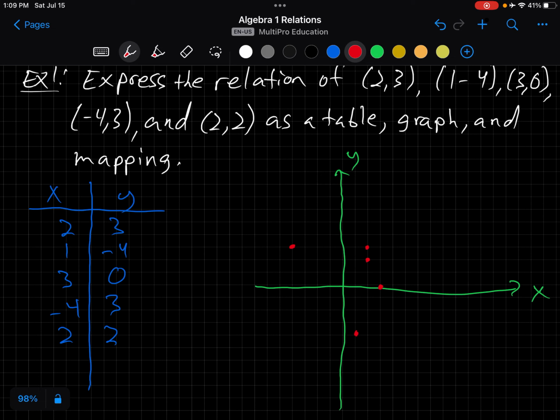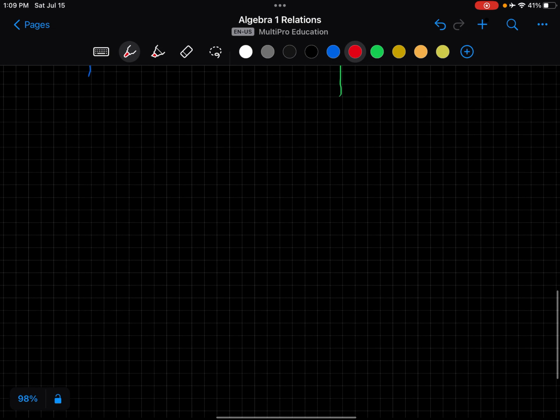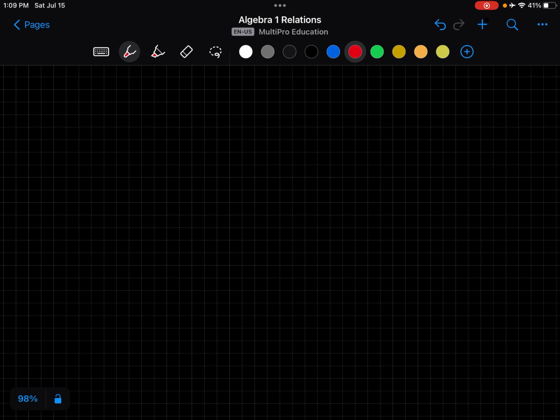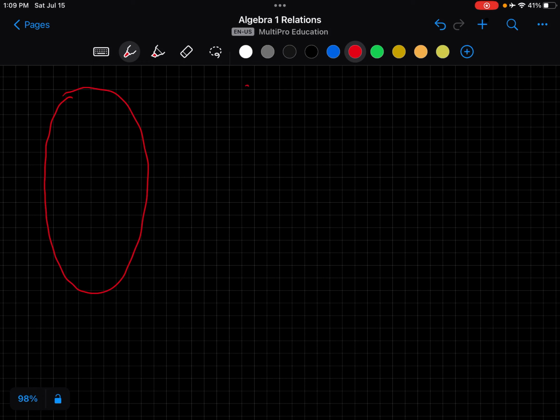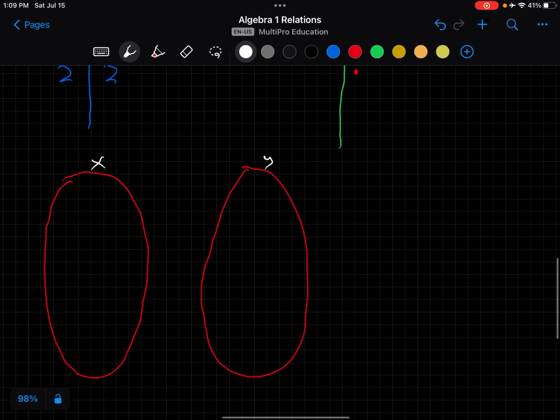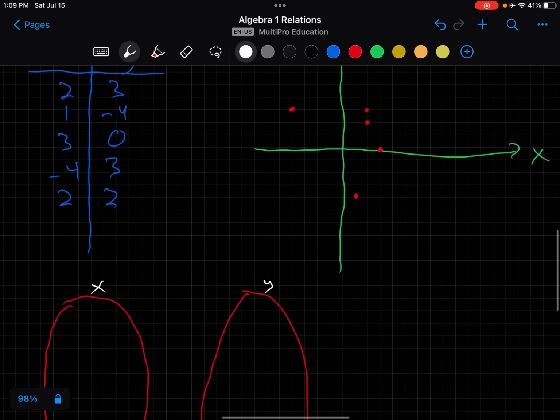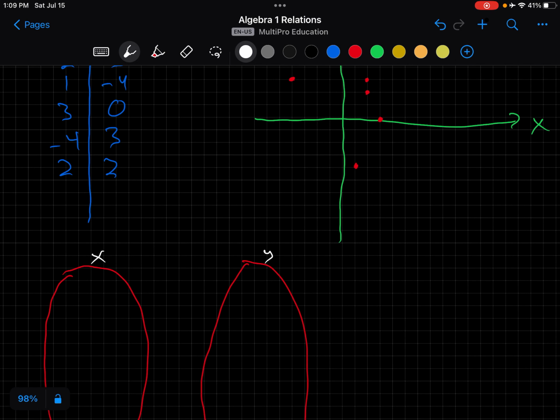Now let's do mapping. What is mapping? All right, we're going to draw these big shapes here, and we're going to put X over here, Y over here. Let's look back up here.